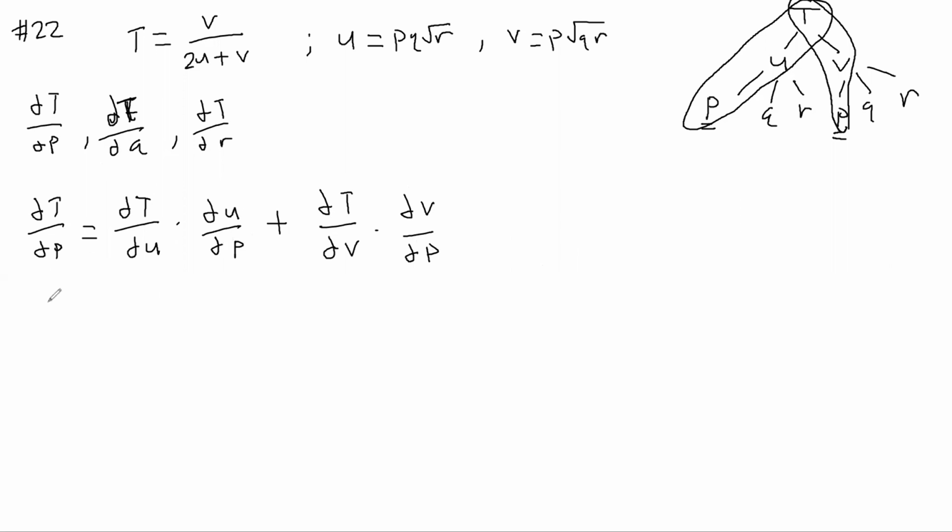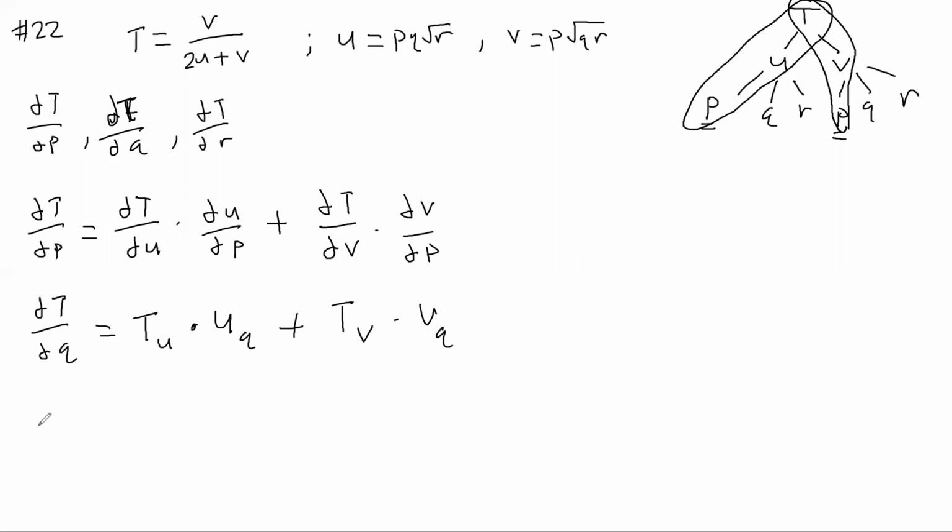So that's the general formula for finding dt over dp. The formula to find dt over dq is the same thing as t sub u times u sub q plus t sub v times v sub q. That's just another way of writing down partial derivatives, using the subscript notation.